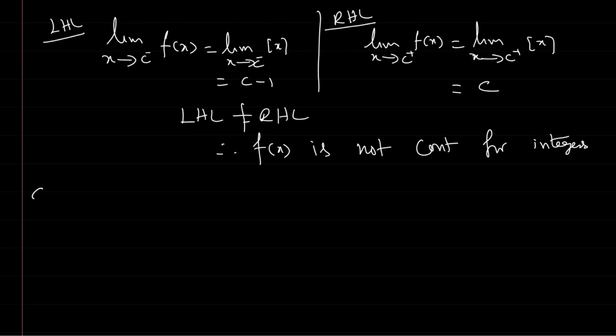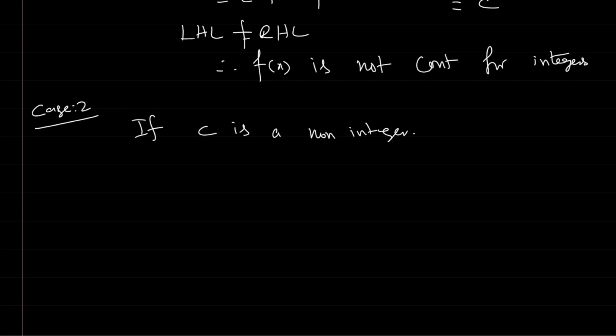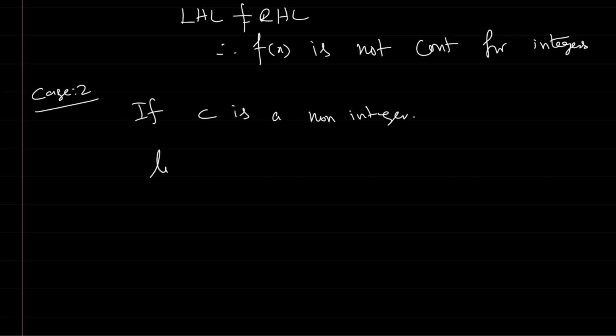Case 2: if C is a non-integer, what about the limit as x tends to C of f of x? This is limit x tends to C of floor x.